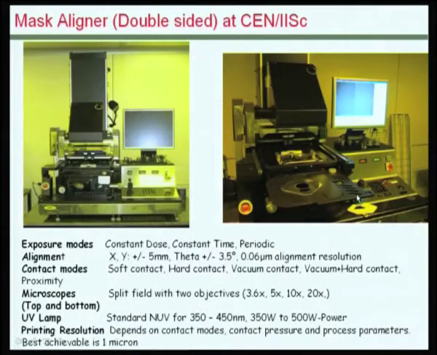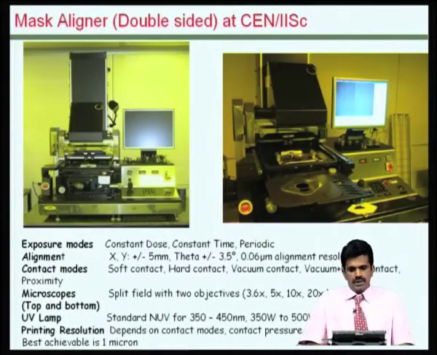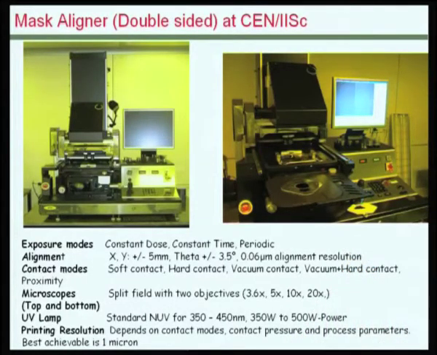To transfer the pattern accurately onto the wafer surface, we use what is known as a mask aligner. In a mask aligner, we can accurately position the mask plate over the wafer. You may ask, why is it critical?